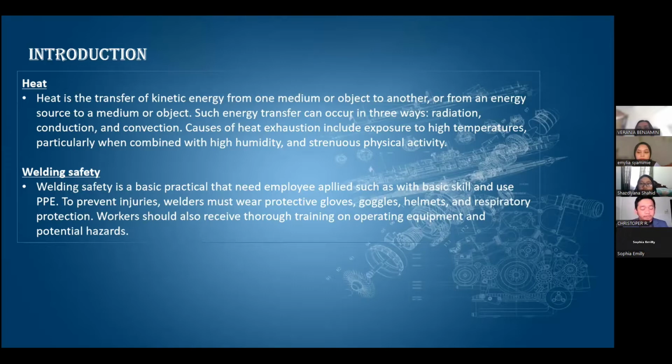For the last cluster, the introduction is welding safety. Welding safety is a basic practice that employees need to apply, such as basic skills or the use of PPE on the site. Welding safety will prevent injuries. For example, a welder uses gloves, goggles, and a helmet, and respiratory protection.